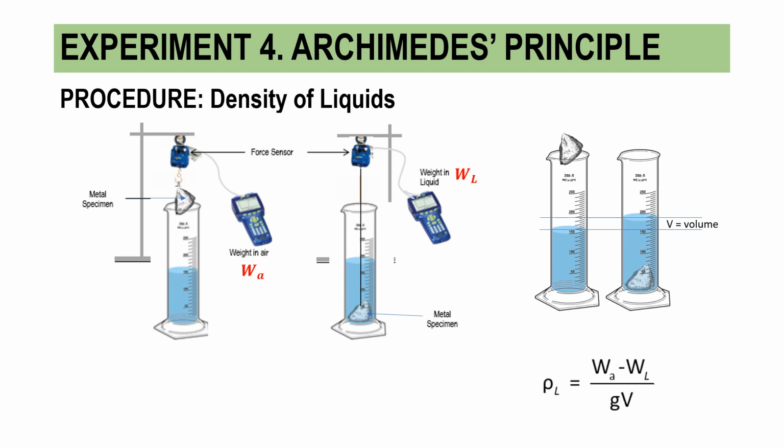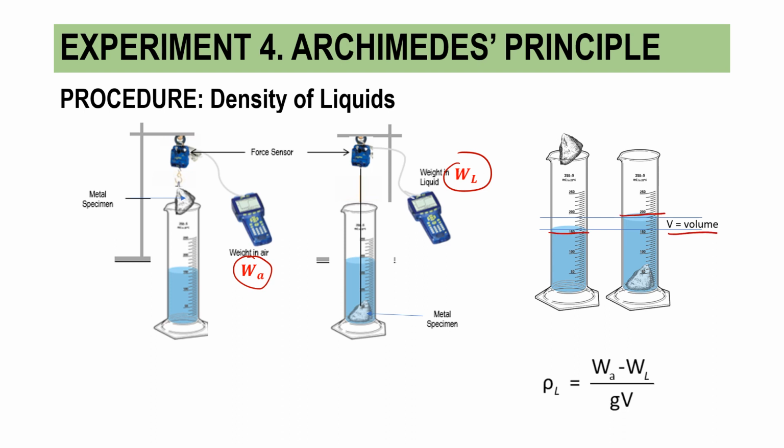We have to measure also the weight in air of the metal sample. We need to submerge the metal sample in the liquid, and we need to measure the weight in the liquid. And after that, we also need to measure the volume of displaced fluid. From that, we need to measure the initial volume and also the final volume.